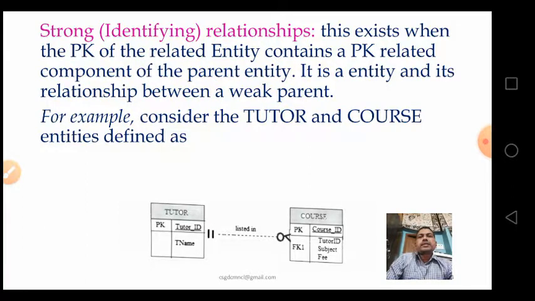In this case, a strong relationship exists between tutor and course because the course entity's composite PK is composed of tutor ID plus subject. Also, the tutor ID in course is also the FK to the tutor entity.